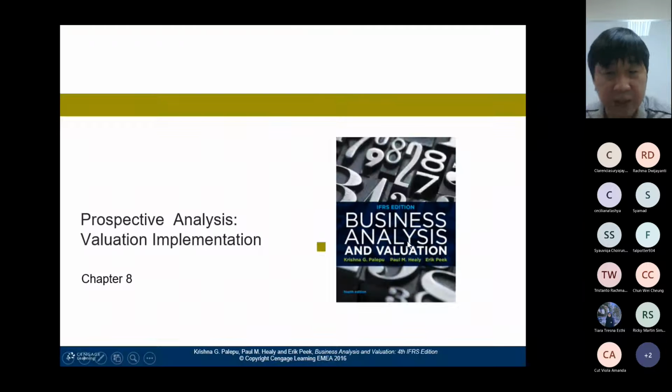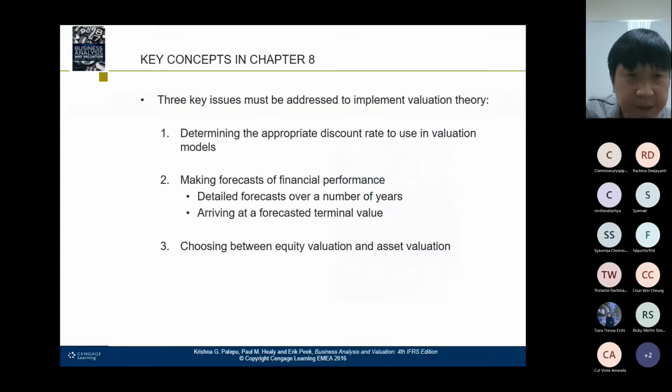Okay, so today we get started from chapter 8, the valuation implementation. Before, I always mentioned how many important factors we have to consider to do our evaluation well.